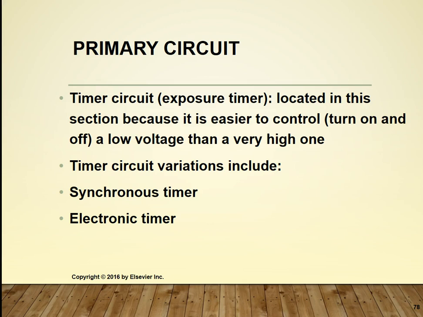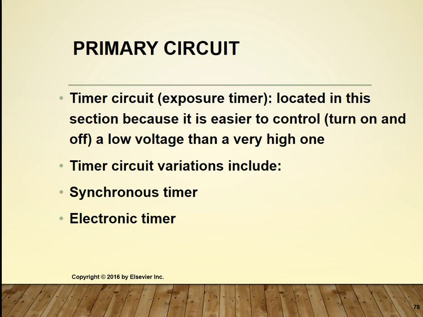And there are several different variations. Some of the variations include a synchronous timer, and that is based on a synchronous motor. I don't know if you know what the word synchronous means, but it means at the same time. This motor is designed to turn a shaft at precisely 60 revolutions a second.